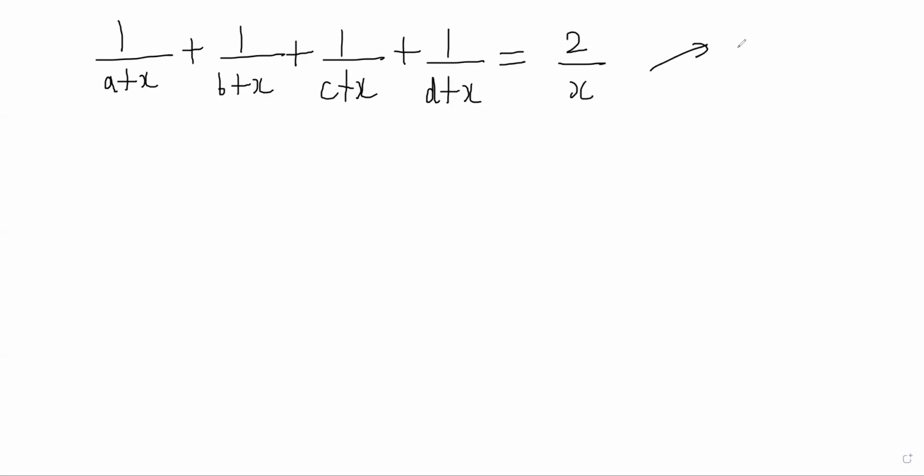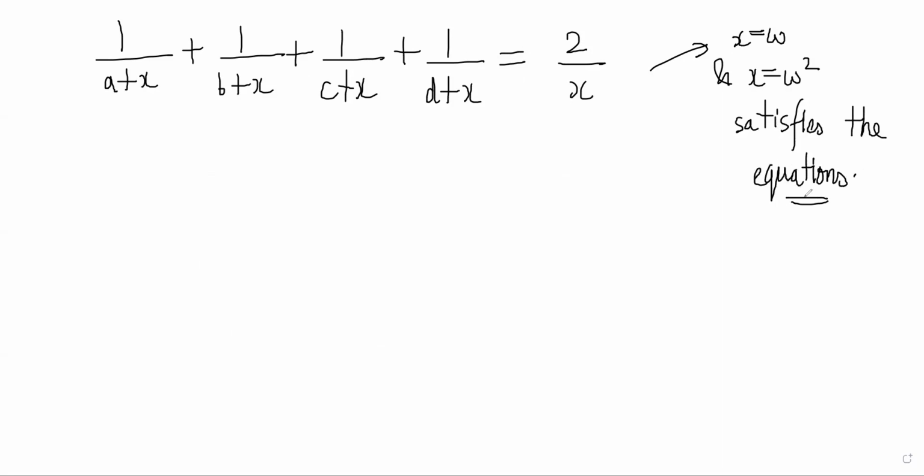We can say that x equal to w and x equal to w square satisfy the equation. So we are saying that w and w square are roots of this equation, right? So first job here is to simplify the equation and convert it to a form which we can use.